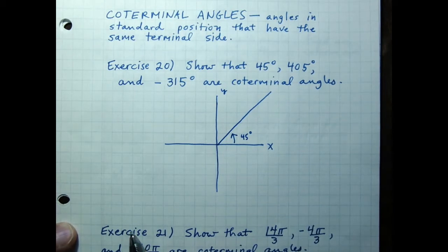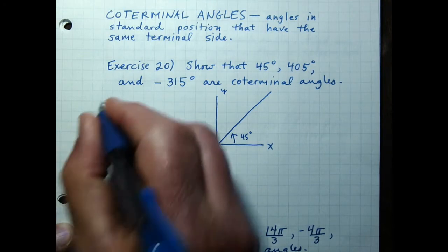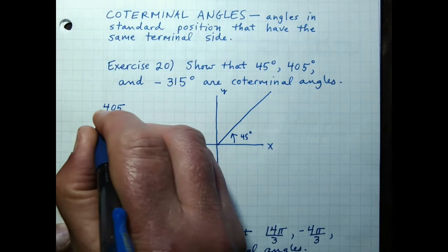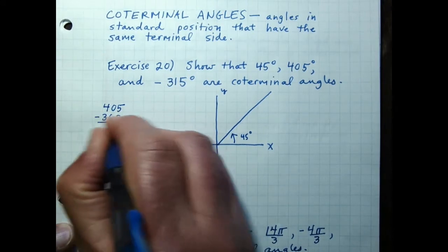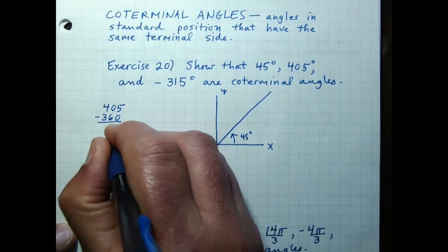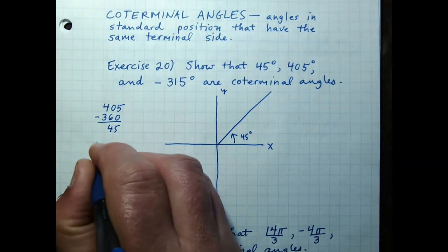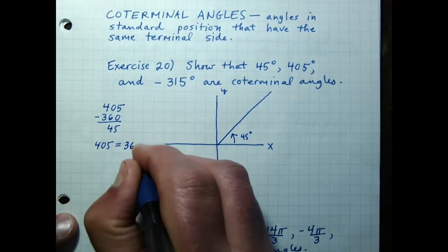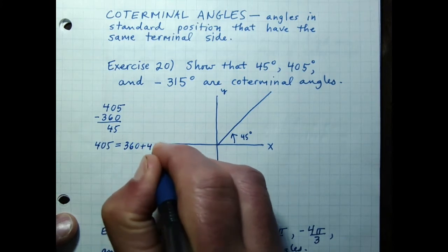Now 405 degrees, I've got to think about that's more than 360. So I'm going to take 405 and subtract 360. What I get is 45, which means 405 degrees is 360 plus 45.